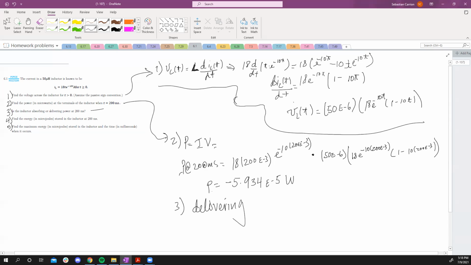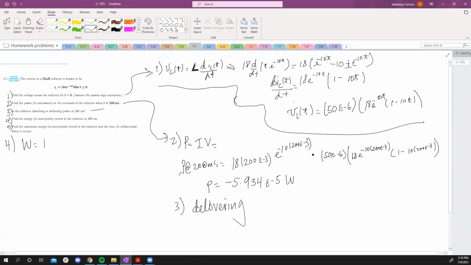Now it's asking to find the energy in microjoules of the inductor. You know that work is a form of energy, right?